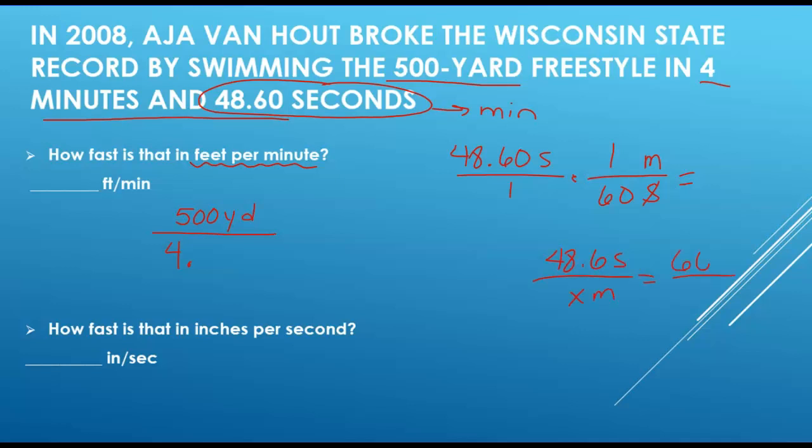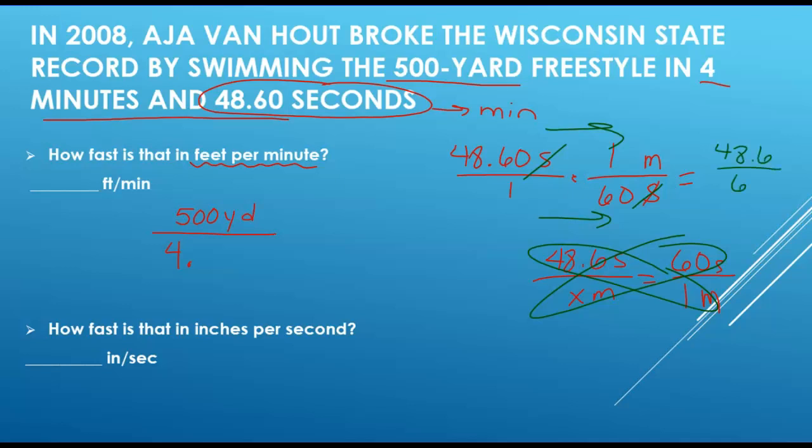Well, we know that there's 60 seconds in 1 minute. So on top, we can either do unit conversions, multiply straight across and then divide, or cross multiply, but either way, you're going to have 48.6 divided by 60. And we get 0.81 minutes. That means 48.6 seconds is about 0.81 minutes.